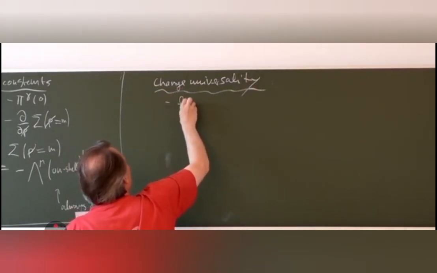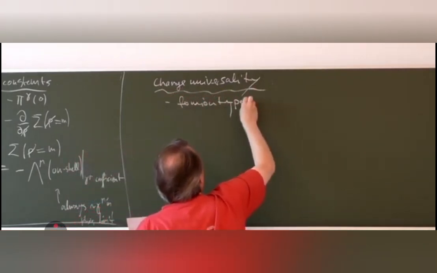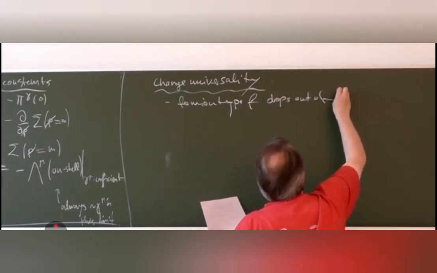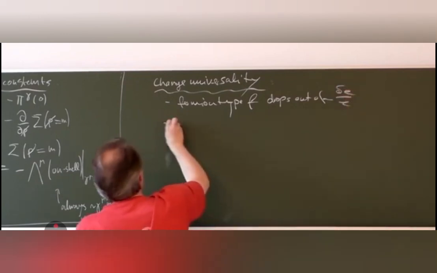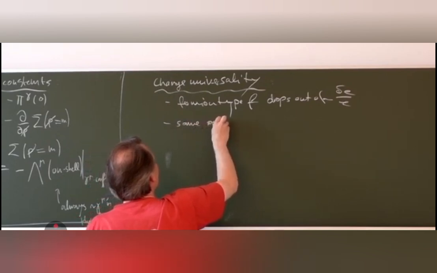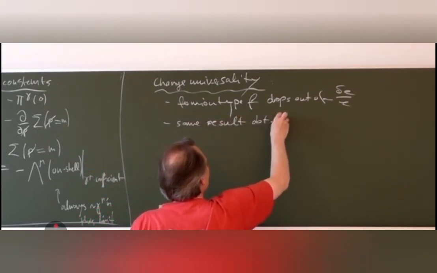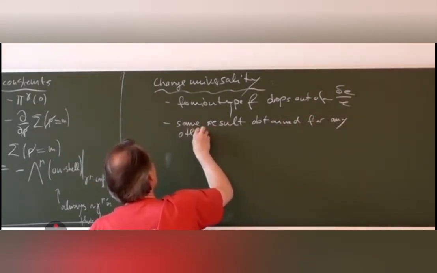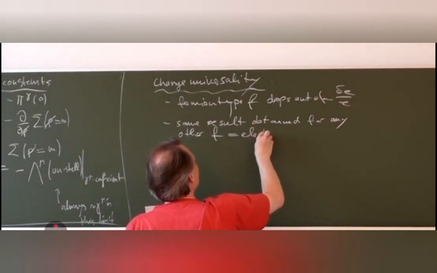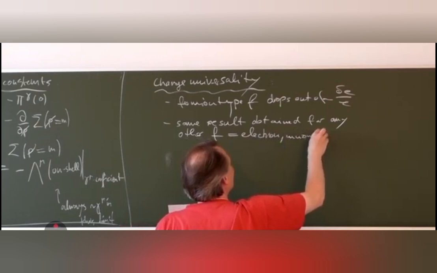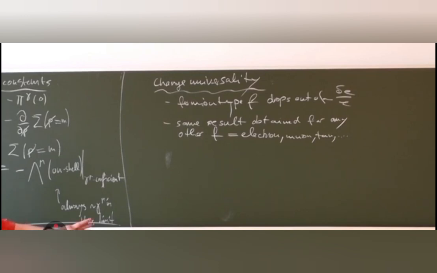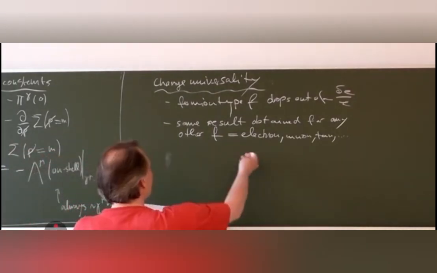So the fermion type F drops out of delta E. So that means we could have obtained the same result if we would have chosen any other fermion: electron, muon, tau, etc. Even quarks, one could take even quarks, or in the standard model maybe even the W boson, even though that would require an extra proof. But here in QED that is obvious.